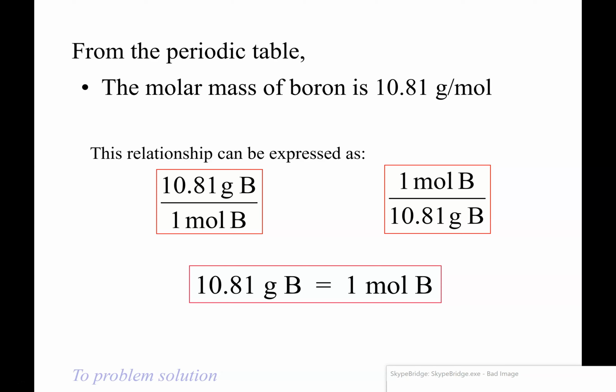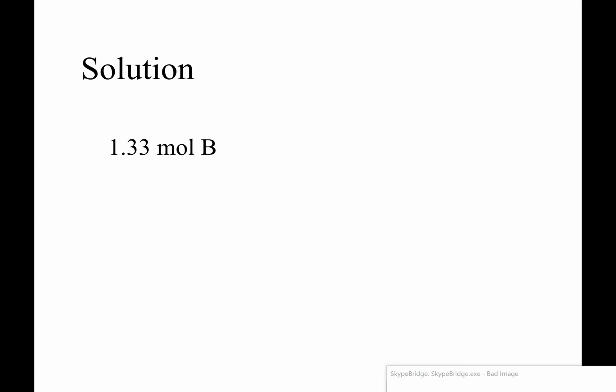Those two ratios are our options. Let's see what y'all do with this one. I'll get you started. You're going to put 1.33 moles boron over 1. If there's only one element like this, I might just put 1 mole boron over 1. Now we need units of moles to cancel, and we'll be left with units of grams.